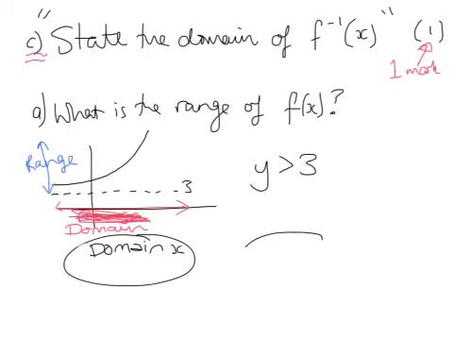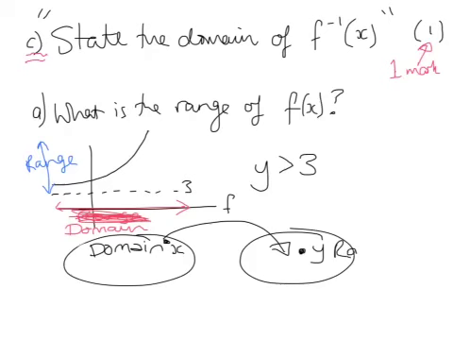So your function f here takes an x value in the domain and it plots it over into a y value in the range. Now if you're doing the inverse function, then you're taking that y value and coming back and turning it back into the x value that it was originally.